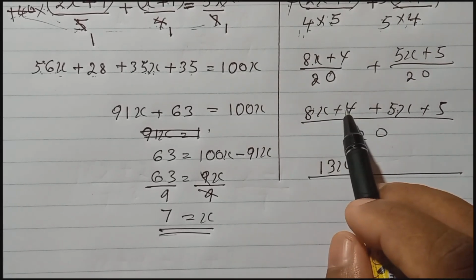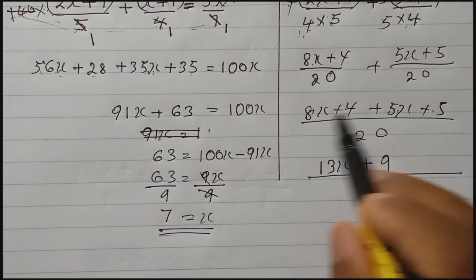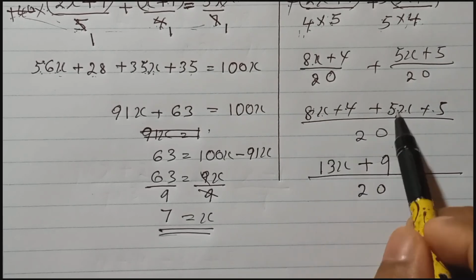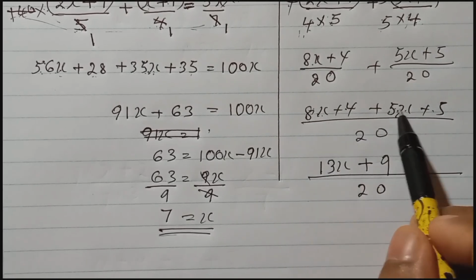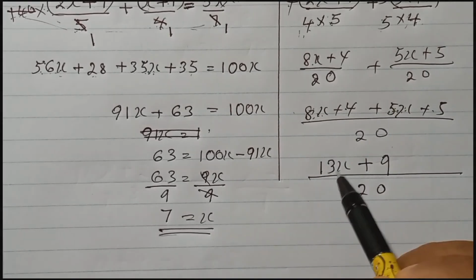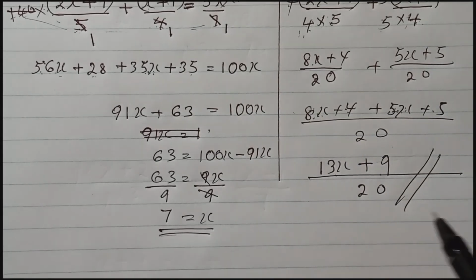Here plus 4 plus 5 means plus 9, right? Like terms, no, you can add these two. Both 5x and 8x have x, so like terms, you can add that too. 8x plus 5x means 13x, 4 plus 5 means 9. So this is the simplified answer.